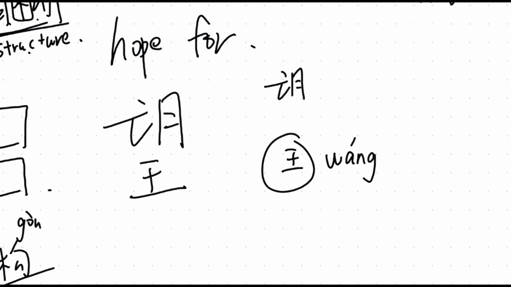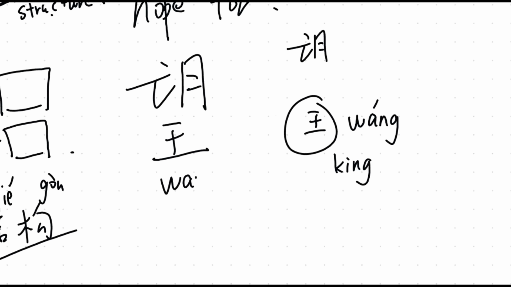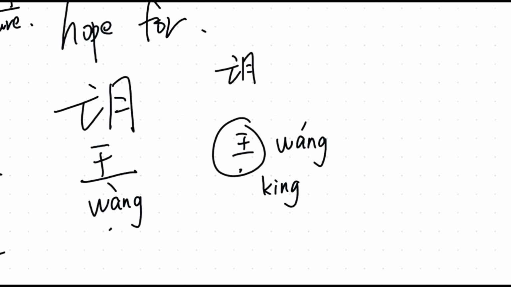It means king, Wang. And this character itself pronounced Wang. You can see the resemblance here. Remember Wang, you remember this one's pronunciation. And it just has different tones. So Wang.